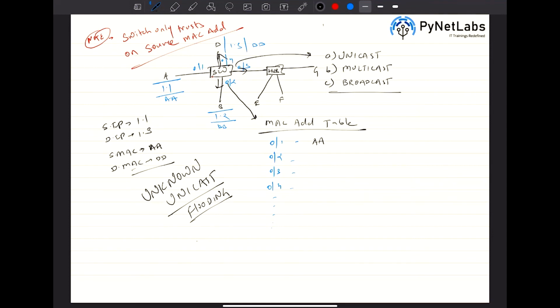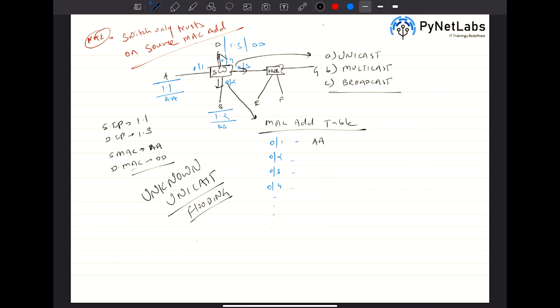It forwards a copy of that frame to all the other ports, asking, is there anyone who has the MAC address DDDD? Whoever is the original recipient of that frame will reply to the switch, saying this frame belongs to me, please forward the original copy. When the device notifies the switch, the notification includes the source MAC address as the device's MAC address.